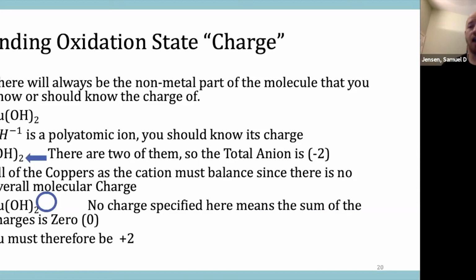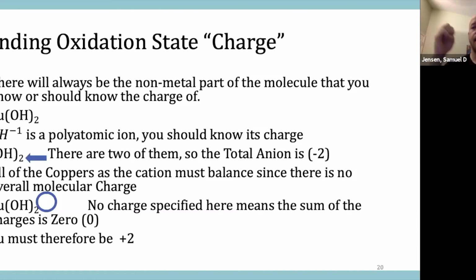That means the copper and the hydroxide bond together and have no overall charge. So my positives and my negatives balance each other out. Plus 1 and -1 makes 0.